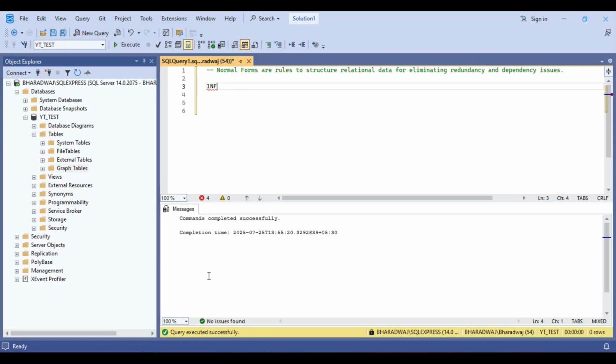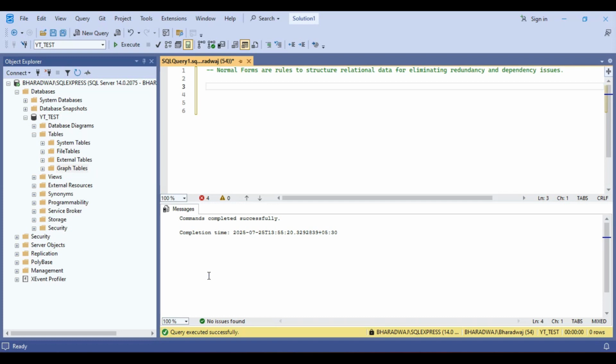It ranges from one normal form to five normal form, each solving specific problems like repetition, partial dependencies, transitive dependencies, etc. That is the reason we'll be going with one normal form to five normal form to solve specific problems. So what does the normal form definition say here?